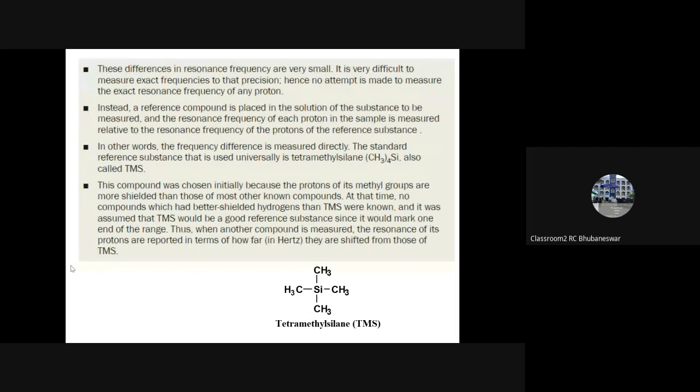Here the concept of TMS, tetramethylsilane, will come into the picture. We have seen various spectroscopic methods till now, in every unit one spectroscopic method.